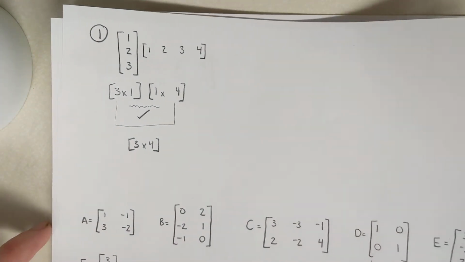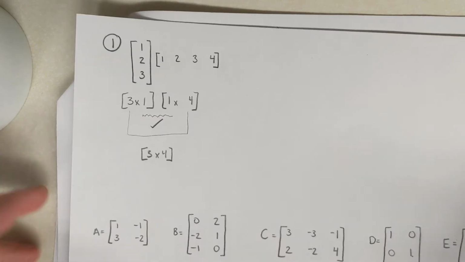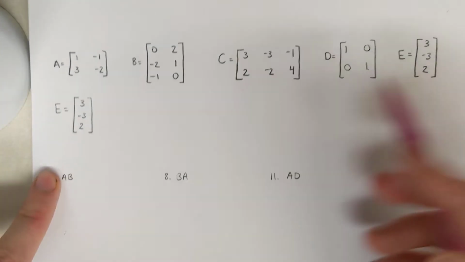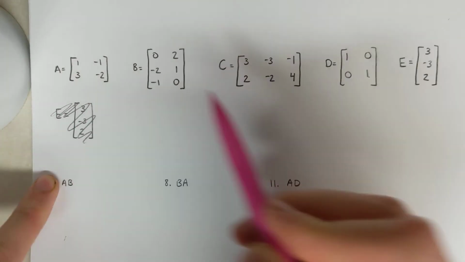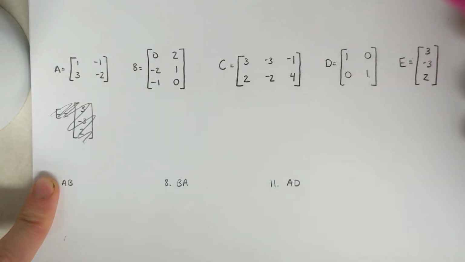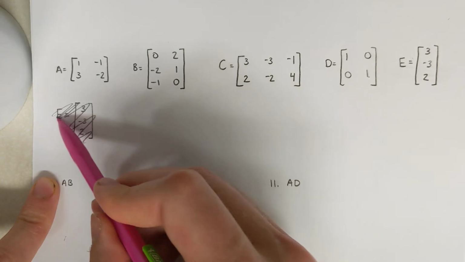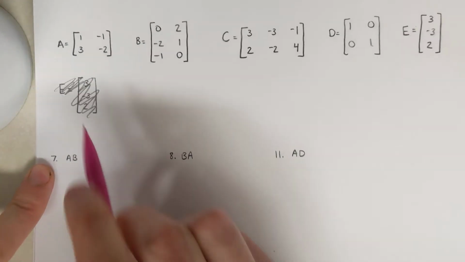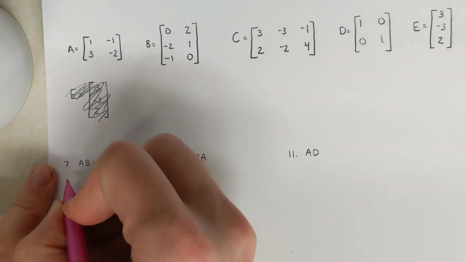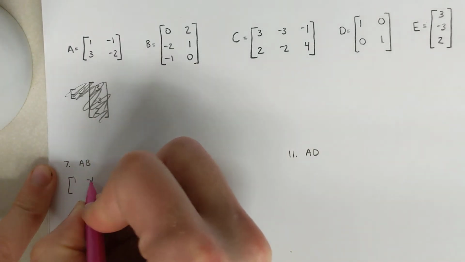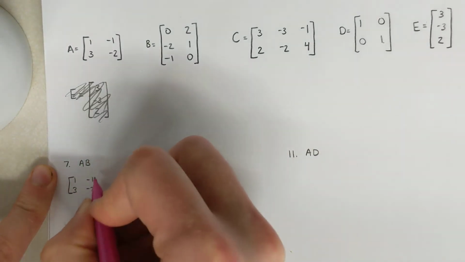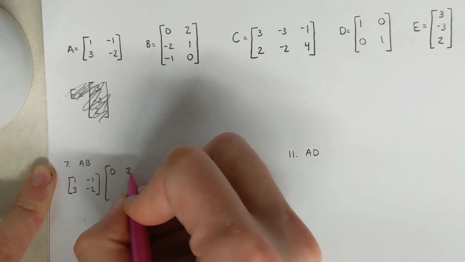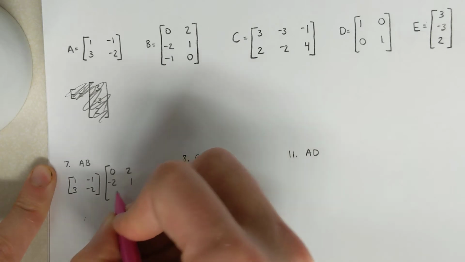Okay. Below that section, there are a few problems where they give you matrix A through E. And I wrote E here because I didn't realize I was going to be able to see this part, so ignore that. So on number 7, they want us to multiply A and B together. So A is a 2 by 2, and B is a 3 by 2.